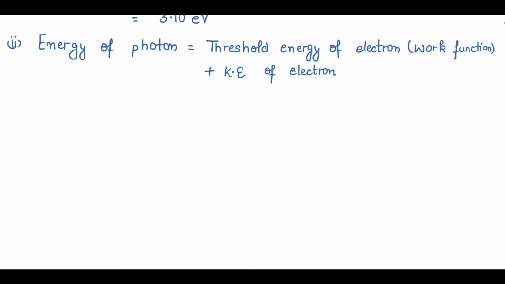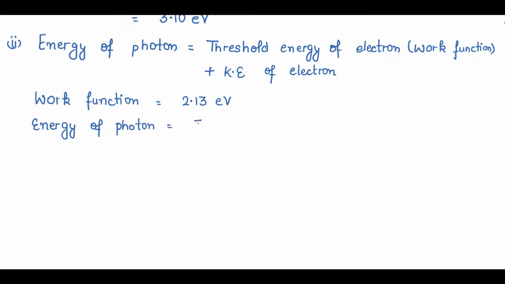We have work function equal to 2.13 electron volt, and the energy of the photon, we found this value in the first question. So energy of photon equals 3.10 electron volt.